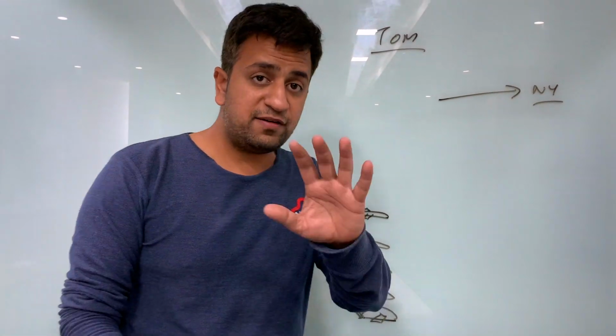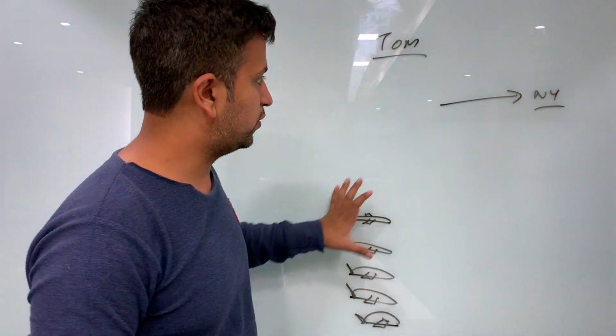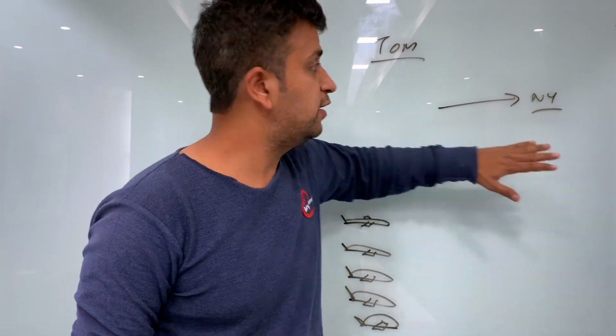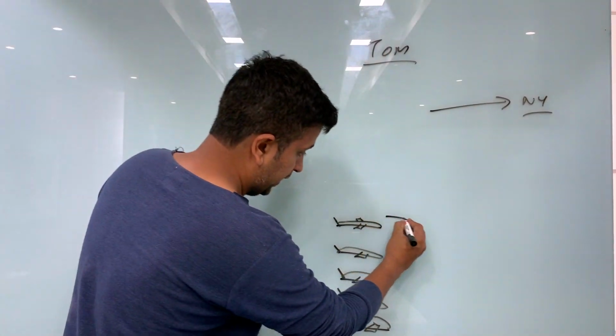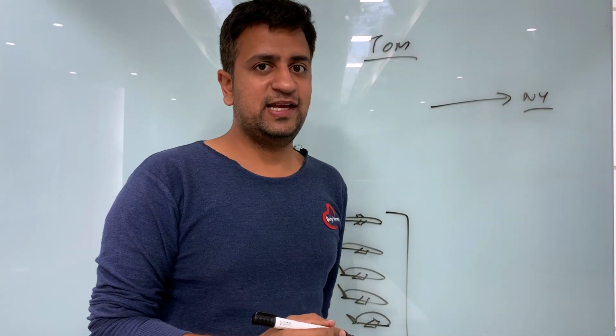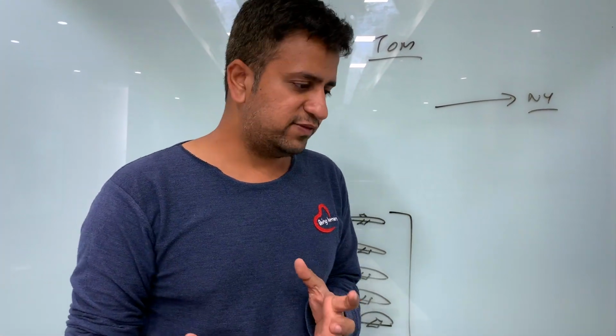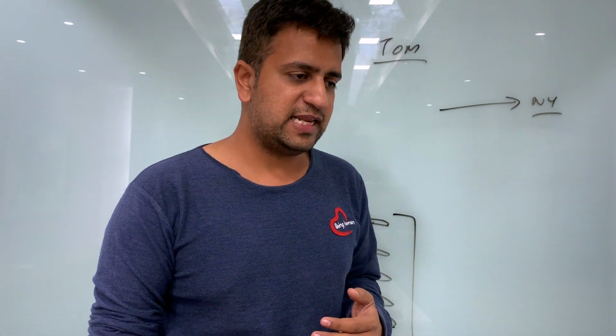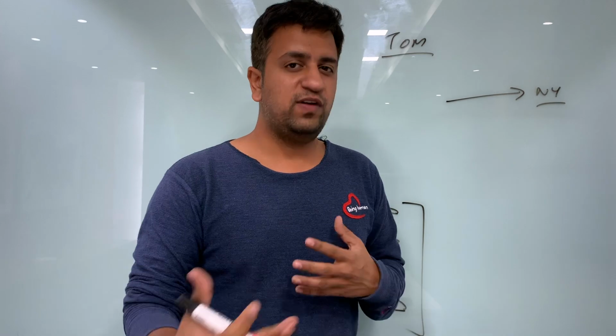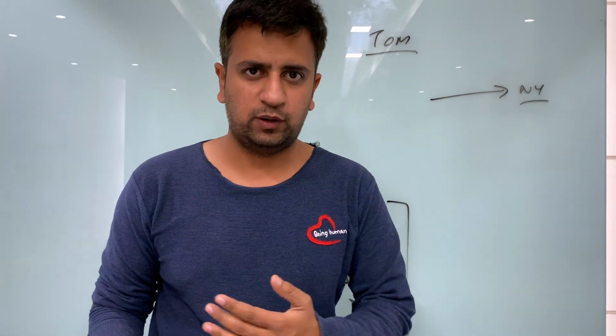So we have 5 aircraft traveling to New York City from this Tom Airport. All the 5 aircraft are ready to travel. Now the question is, whichever aircraft fills first will fly first.